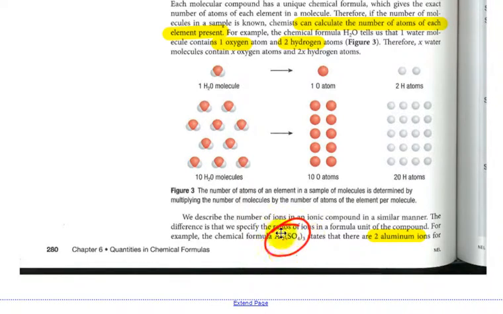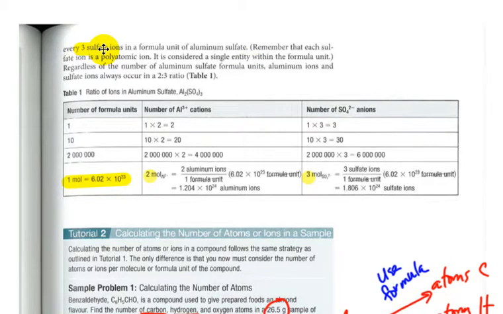So for every 1 formula unit of aluminum sulfate, there are 2 aluminum ions and 3 SO4 ions or sulfate ions. If I had 10, of course I'd have double, 20 aluminums, and then triple, 30 sulfate ions, because for every one of these there's 2 and there's 3.